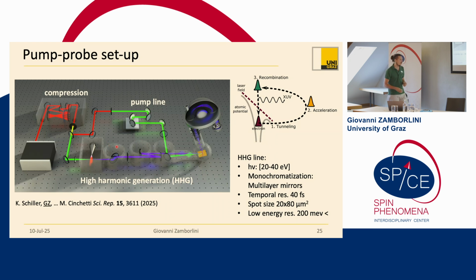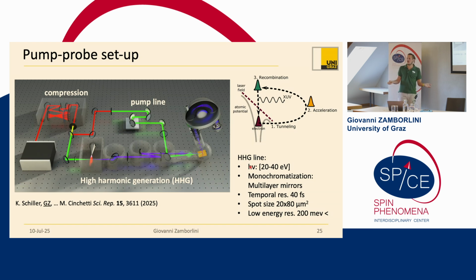You can go up to very high harmonics, which is why it's called high harmonic generation. People who do high harmonics can even go to 100 eV; the question is how many photons you have at the end of the day. You can reach energies with a decent flux in the order of 20 to 40 electron volts.